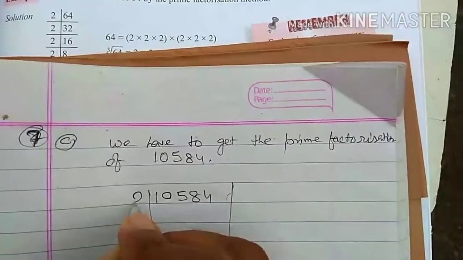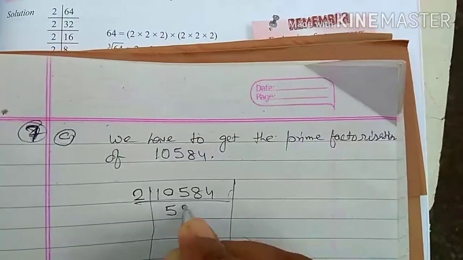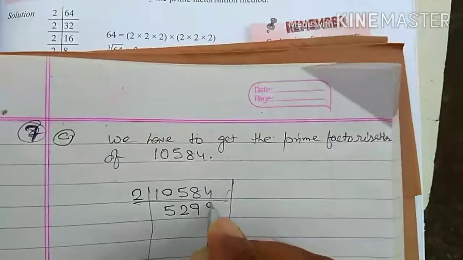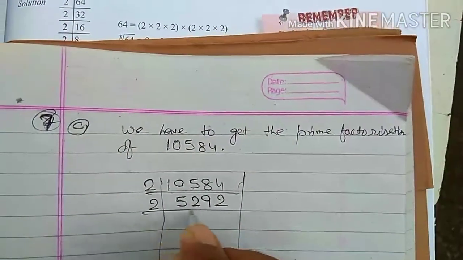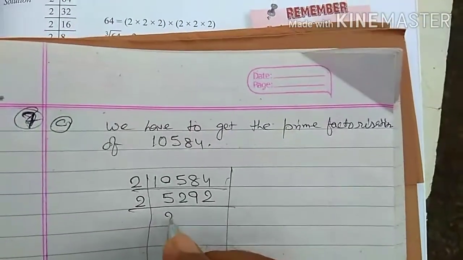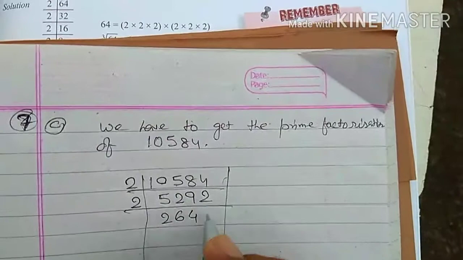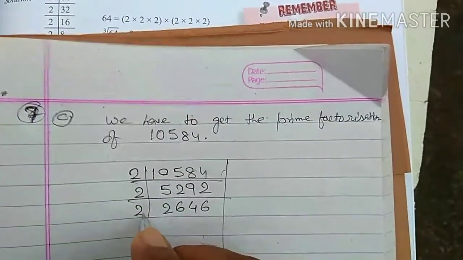Like this. 2 fives are 10, 2 twos are 4, 2 nines are 18, 2 twos are 4. Again by 2, its unit place is 2, so it is divisible by 2. 2 twos are 4, 2 sixes are 12, 2 fours are 8, and 2 sixes are 12. Its unit place is 2, so it is also divisible by 2.